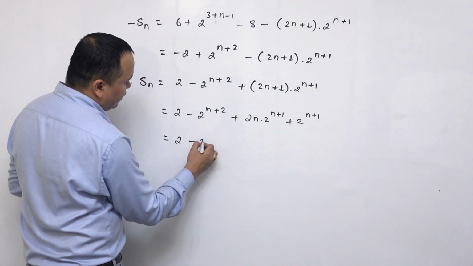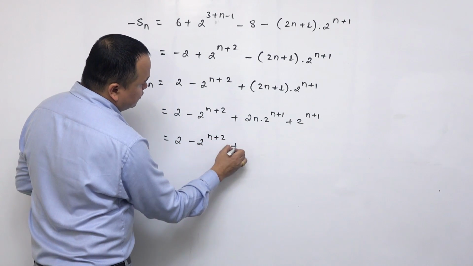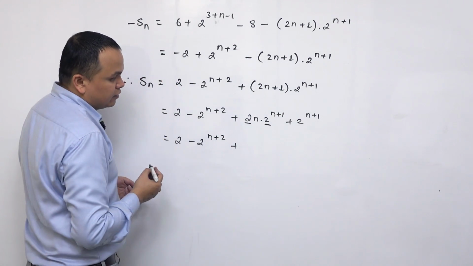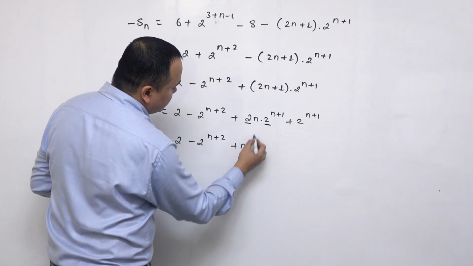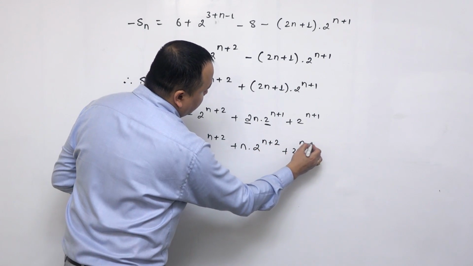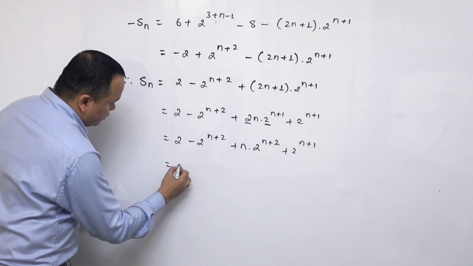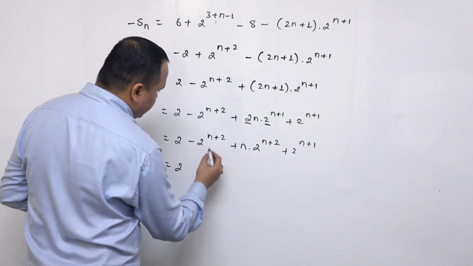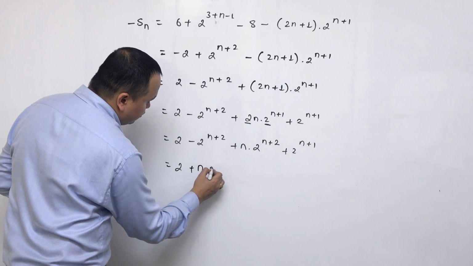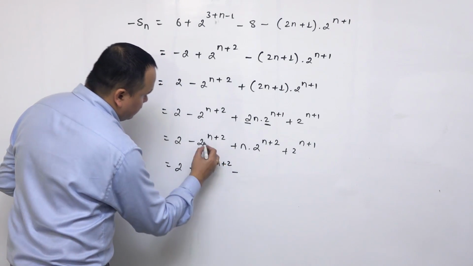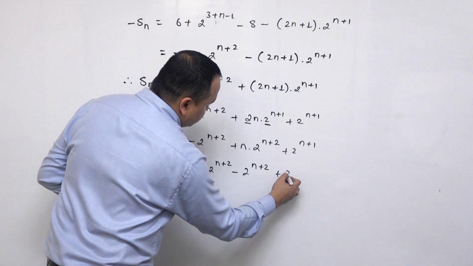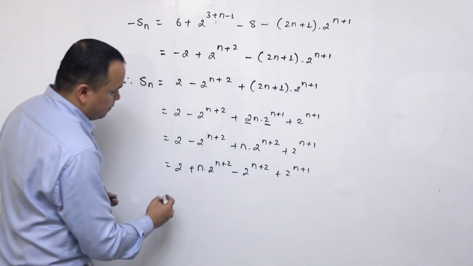2 minus 2 to the power n plus 2, here 2 into 2 to the power n plus 1, n times 2 to the power n plus 2 plus 2 to the power n plus 1. Here 2 to the power n into 2 to the power n plus 2 minus 2 to the power n plus 2 plus 2 to the power n plus 1.